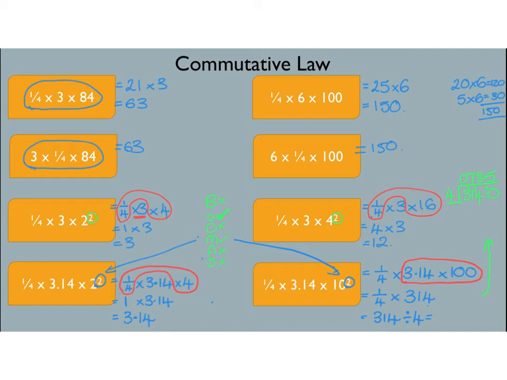Another way to do it is that actually, I'll change my colour. So that's one way to get it. Another way to get it is to do 314 divided by 2. What does that make? 157, and then divided by 2 again.